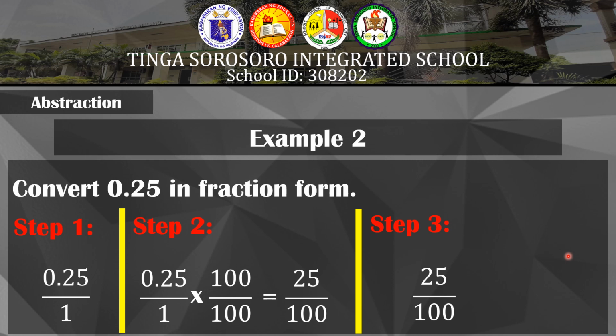Wala naman itong remainder. So, di-divide natin ang numerator and denominator by 25. So, 25 divide 25 is 1 and 100 divide 25 is equal to 4. Therefore, ang answer natin, pag kinonvert natin ang 0.25 in fraction form is 1/4.